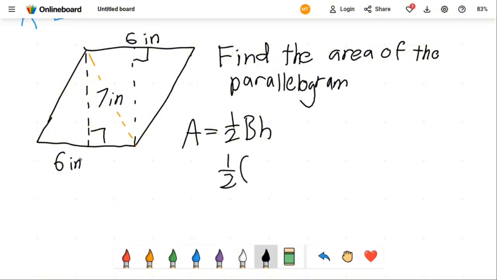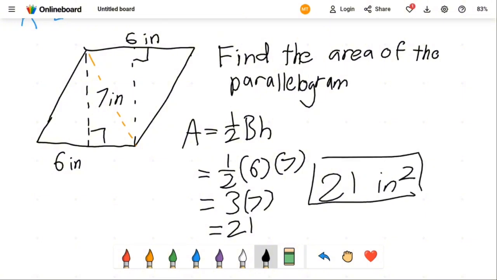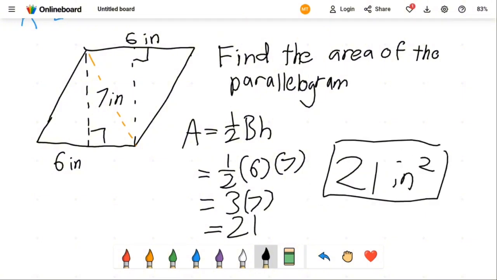The base is 6 inches, and the height is 7 inches. 1/2 times 6 is 3, times 7 is 21, so the answer comes out to 21 inches squared.